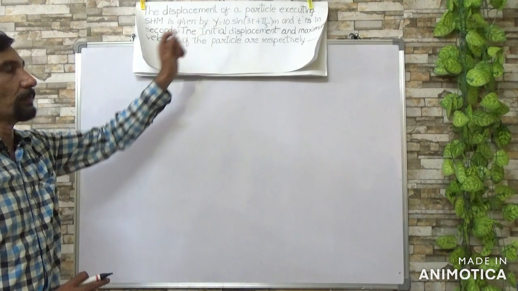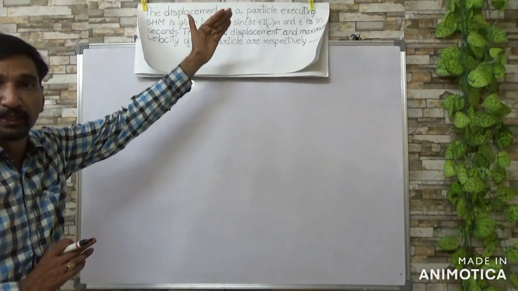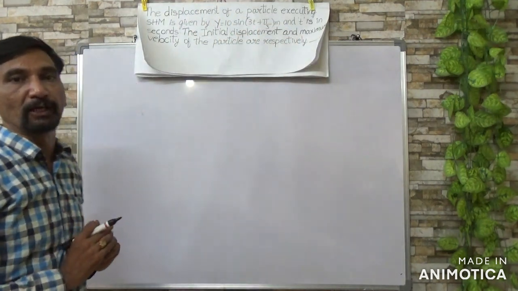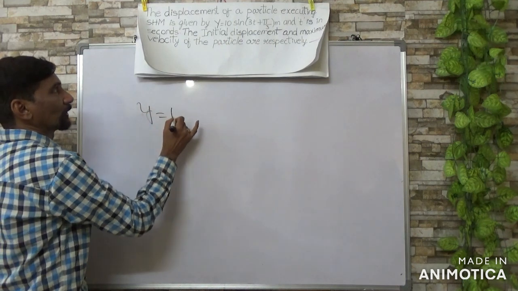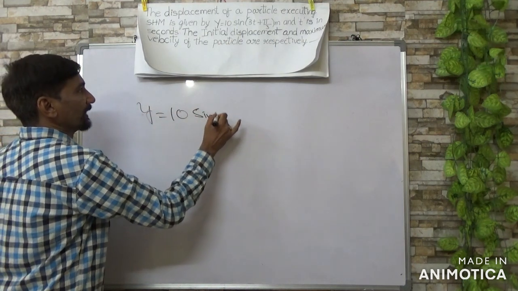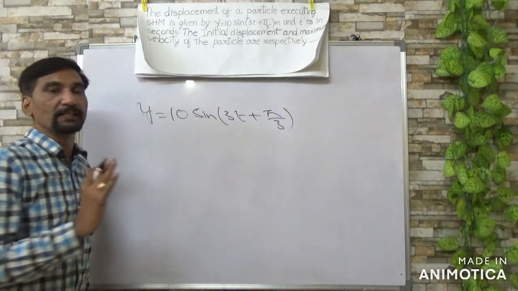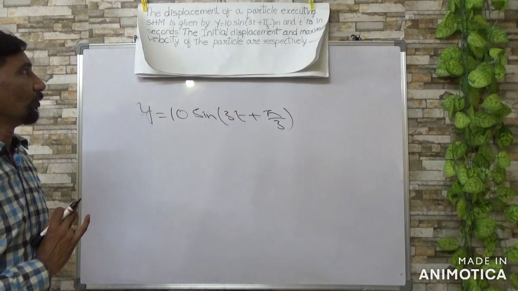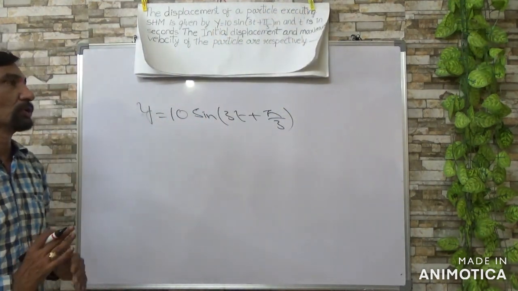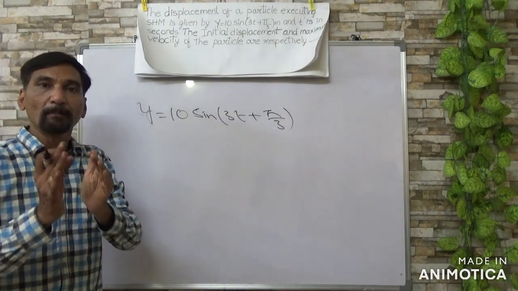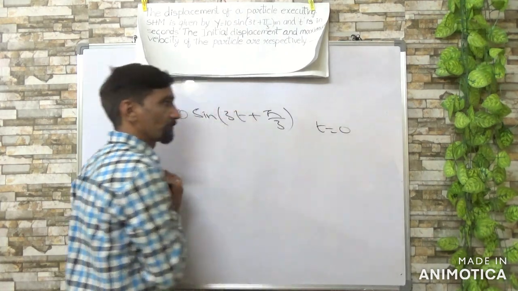Now about the next problem. In this problem a particle is executing SHM, and its displacement is given. That is y equal to 10 sine of 3t plus pi by 3. Under this you have two questions. One is initial displacement. Initial means in the beginning, that means t must be taken as 0.